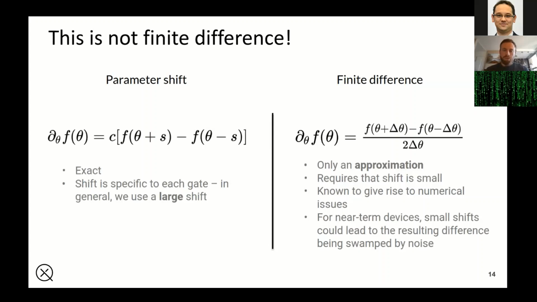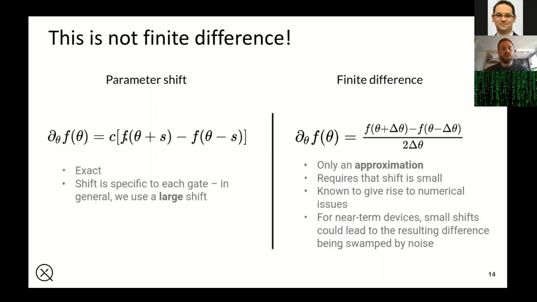One key thing to note here is that while the parameter shift rule is analytic in nature, it is not the same as something that is referred to as the finite differences rule. The finite differences rule is an approximation method that can be used to get close enough values at times for quantum gradients.